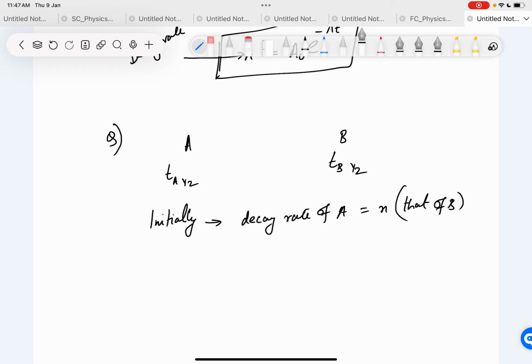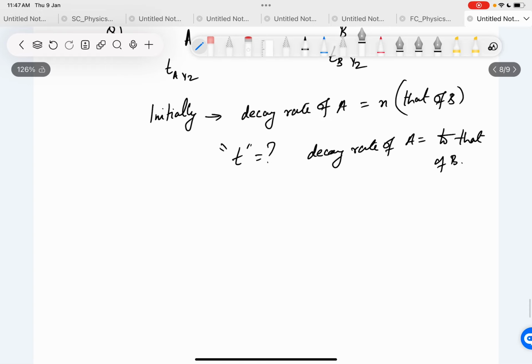Then you're asked to find out at what time will the decay rate of A and B be the same. At what time will the decay rate of A be equal to that of B?